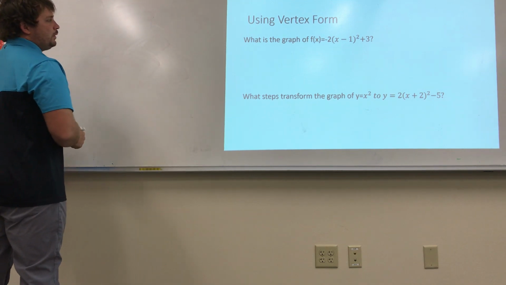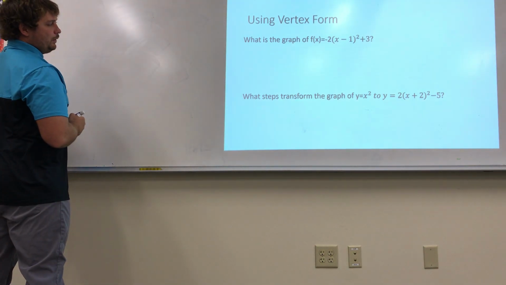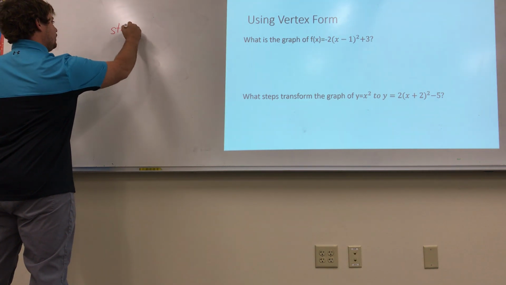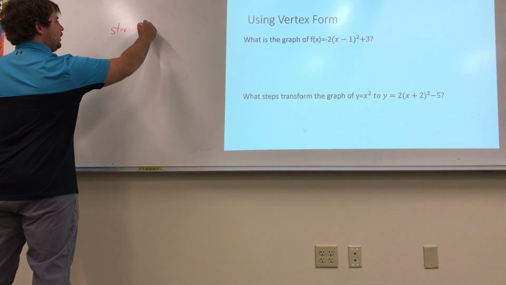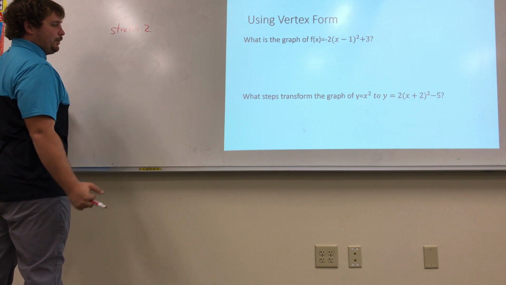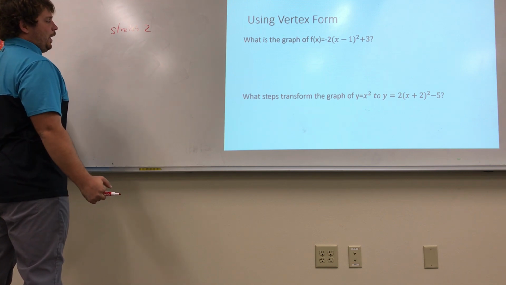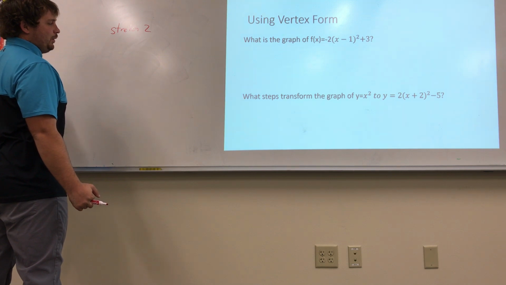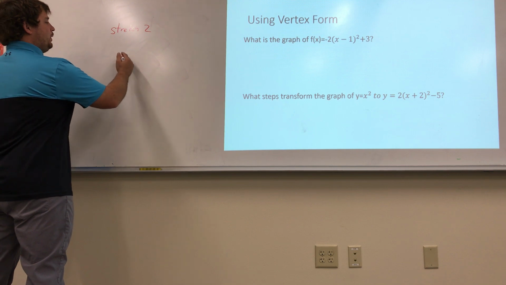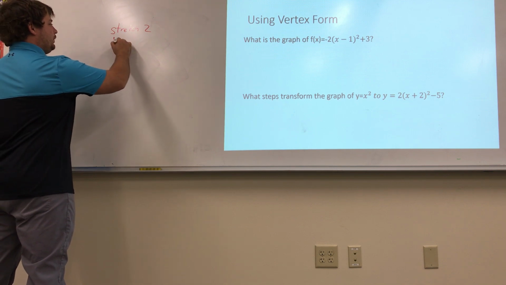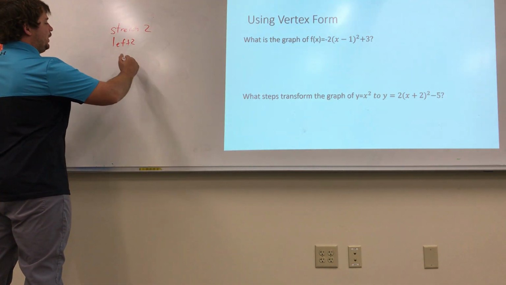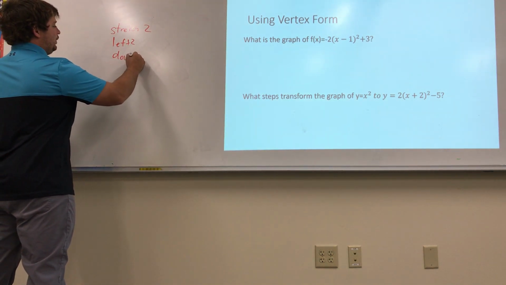So the first one, you're going to be stretched by 2, because it is a positive, so you're not going to reflect across the x-axis. You are above 1, so it has to be a stretch. So stretch 2. You're going to go to the left 2 because you have a positive 2 in your parentheses, and you're going to be down 5.